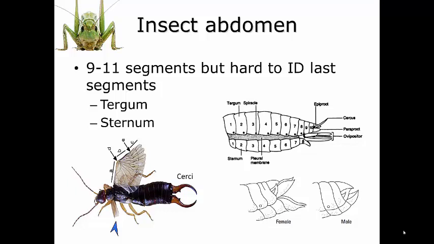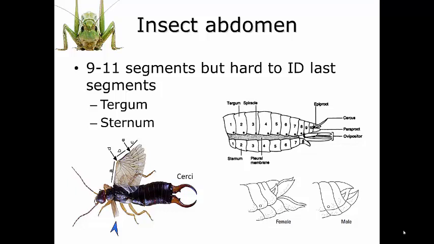Okay, so it varies depending on the insect. Sometimes the last couple of segments or the first couple of segments may be really hard to identify, hard to see, because they're really tiny and can be slipped inside others or covering other segments. So you may not see every single segment very clearly, but it's somewhere between 9 and 11.